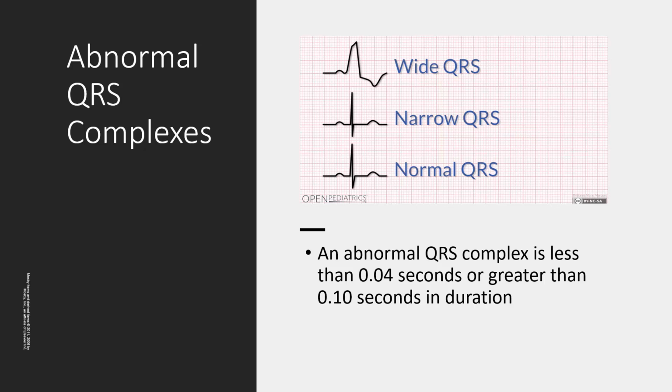So that's your range. If it is less than or greater than, then we consider it abnormal. And so that's what you want to realize when you see these. So abnormal QRSs let you know that something's going on in the ventricle, and so you would need to do a little bit further investigation here.